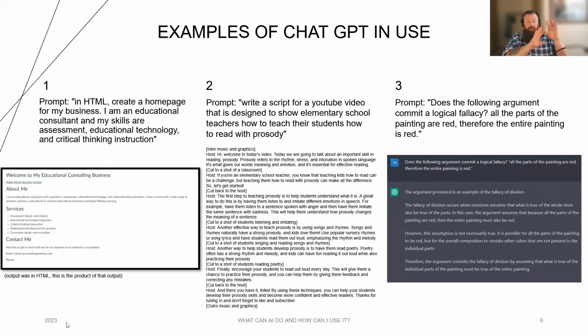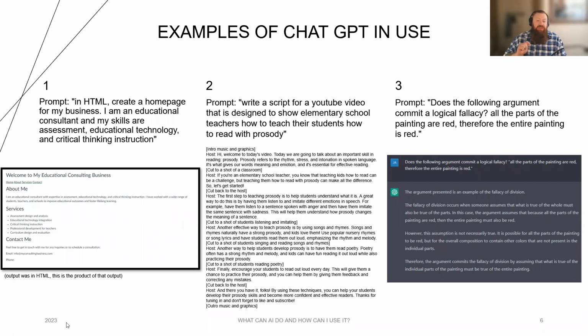If all the parts of a painting are red, then yeah, the whole thing's going to be red. What happened with ChatGPT is that it identified the structure of all the parts are X, therefore the whole is X, which is the typical structure of the fallacy of composition.